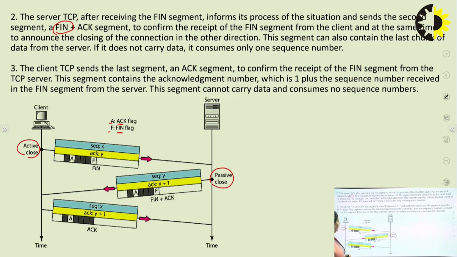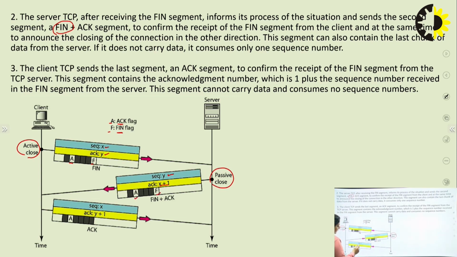So in the finished packet, the client sends sequence number X, acknowledgement Y with A and F set to 1. The server sends again a new sequence number Y, and acknowledges the client's sequence number with X plus 1, incremented by 1. Again acknowledgement and finish are set to 1.